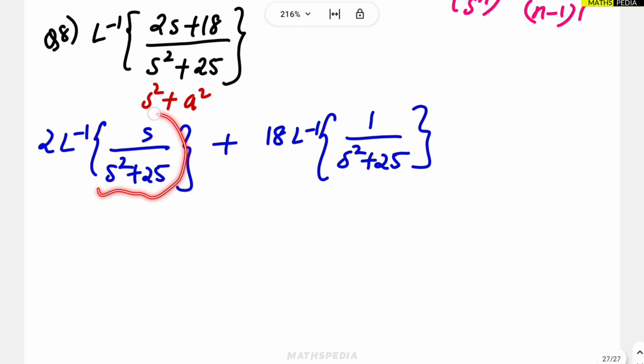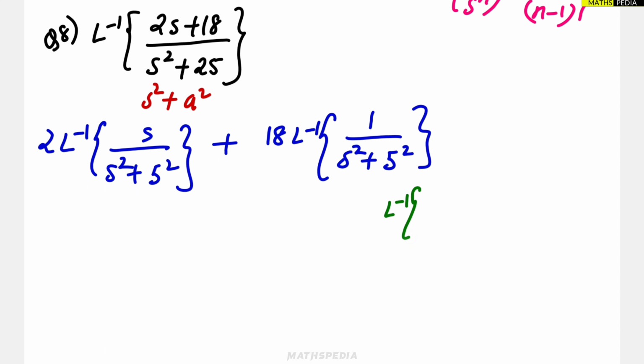So which formula are we going to apply? s divided by s square plus a square. Now this 25 can be rewritten as 5 square, and here also 25 can be rewritten as 5 square. We have studied that whenever s square plus a square comes in the denominator, the answer can be cos at or sin at depending on the numerator.